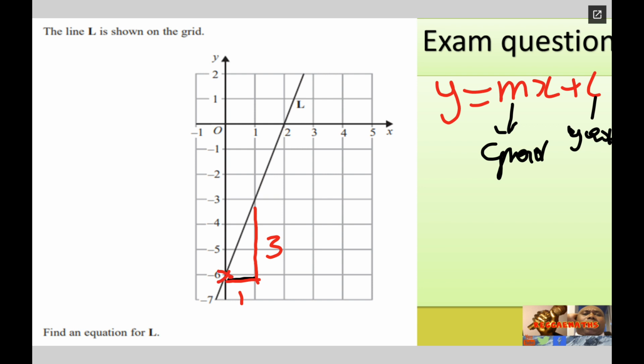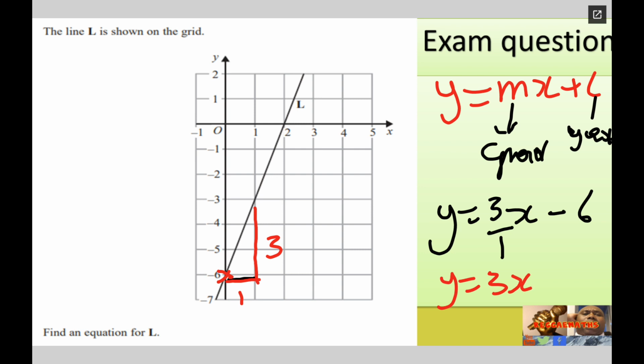So the equation for this line is y equals 3 over 1x minus 6, which you can just write as y equals 3x minus 6.